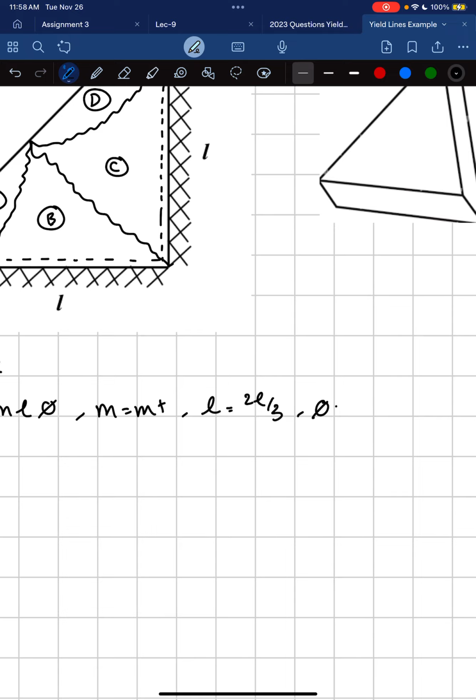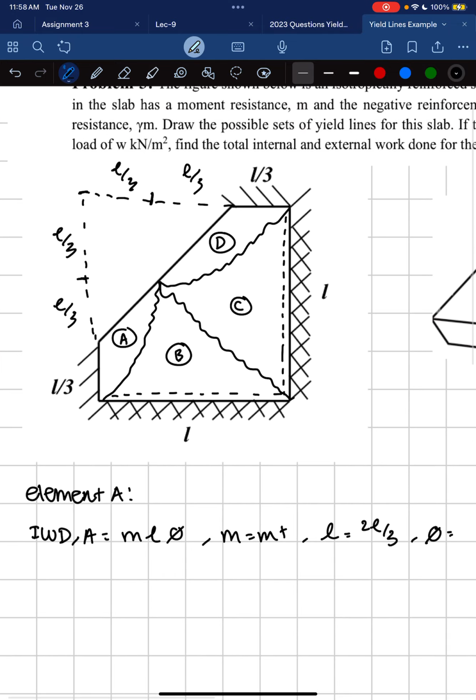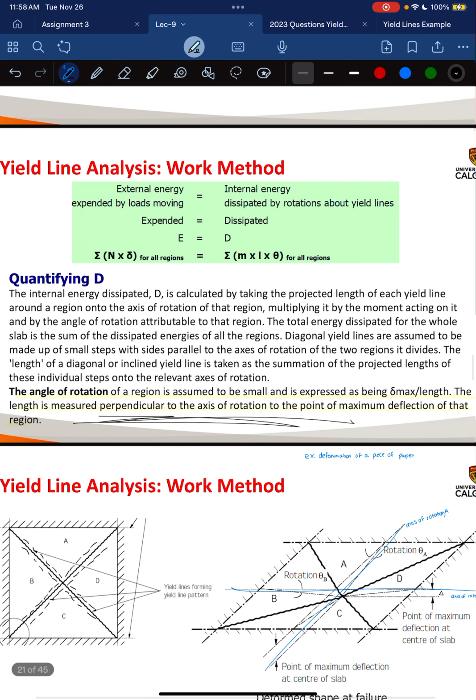Then we have our rotation for region A. For this part, I go back to his notes where he mentioned which length to use. He mentions here, the length is measured perpendicular to the axis of rotation to the point of maximum deflection of that region.